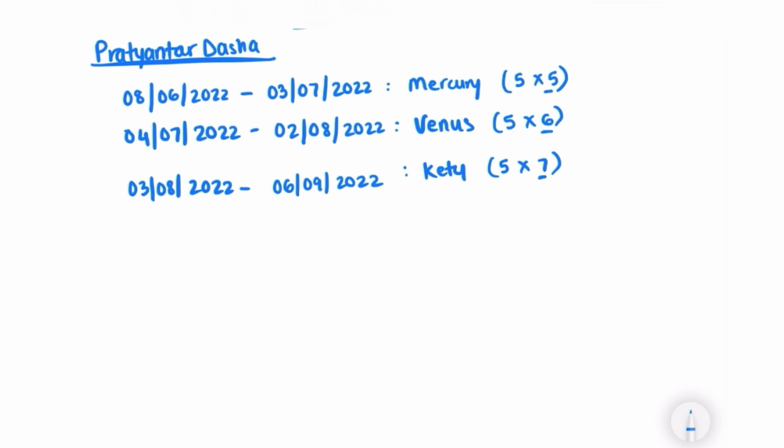Then we do 5 times 8, which is 40, and 8 is Saturn, right? So if you add 40 to this date right here, you get from September 7th to October 16th. Then comes Mars.